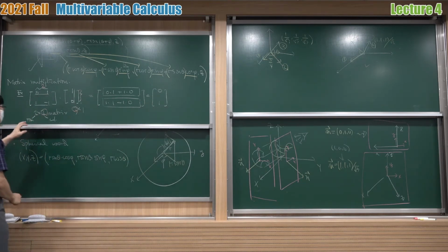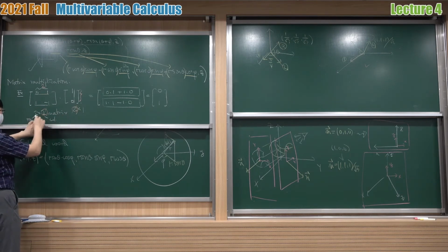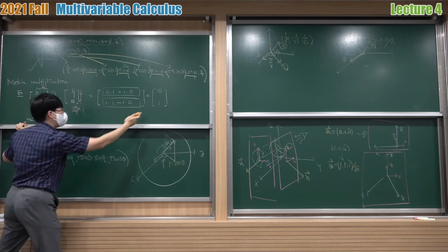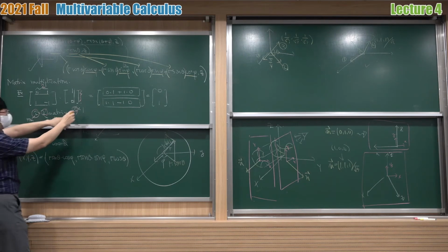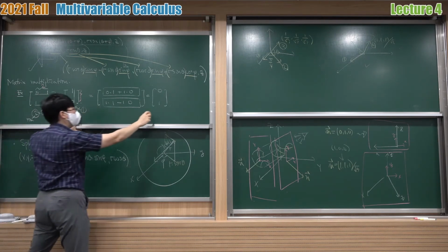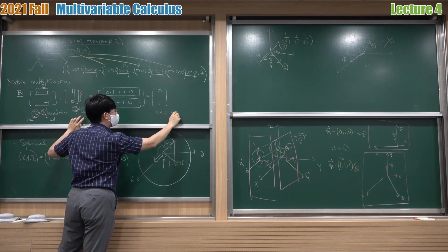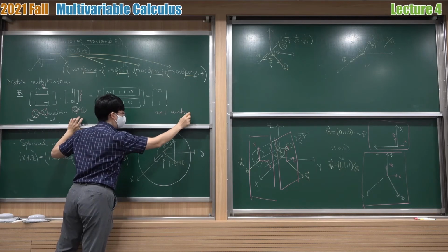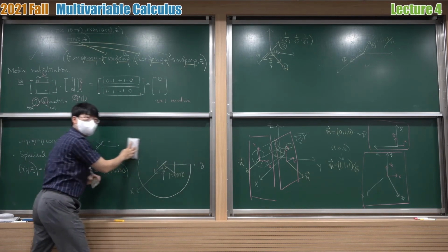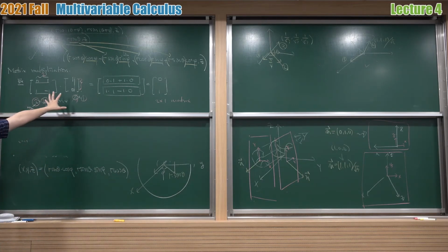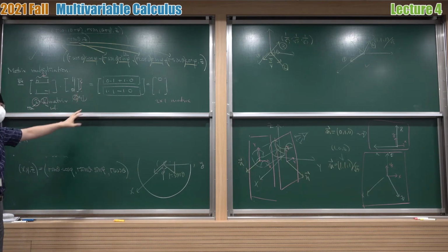So what's the result? Whenever you multiply 2 matrices, the middle disappears, and the size of the new matrix is the number of rows of the first matrix by the number of columns of the second matrix. So it's a 2 by 1 matrix. Is it clear? It's very simple.